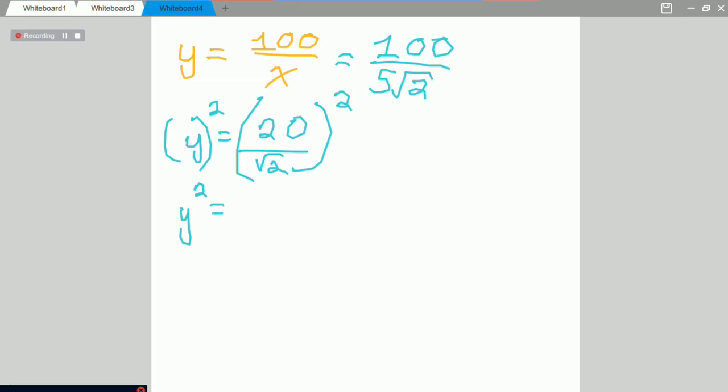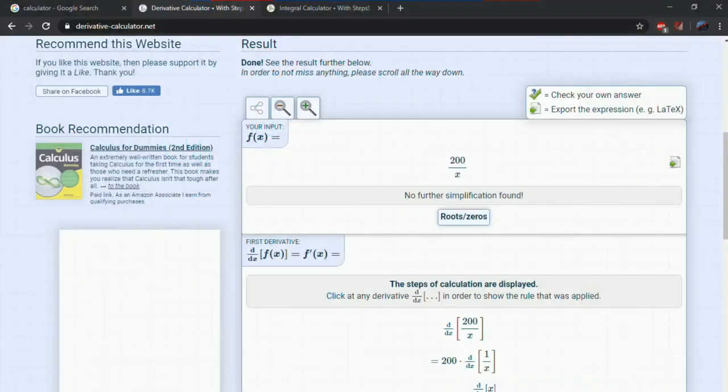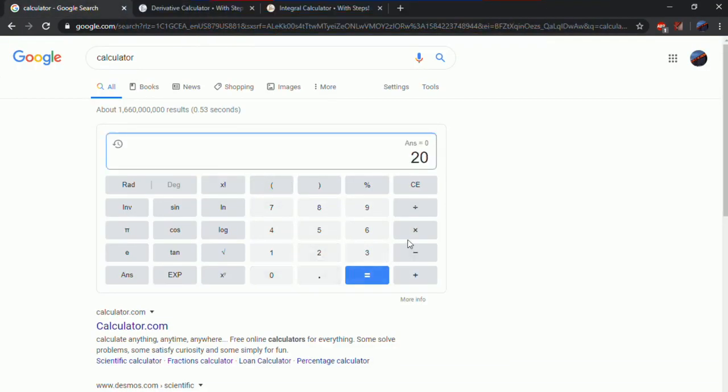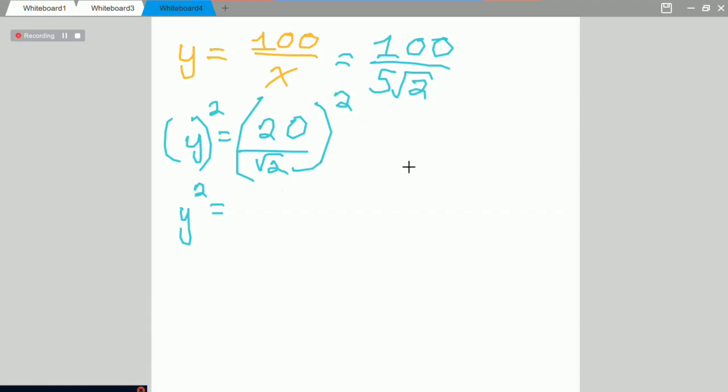20 times 20 is, I don't want to make any mistakes for you guys. I'm just going to do a quick calculation on the computer really fast. All right, that's 400. Don't want to make any mistakes for you guys.